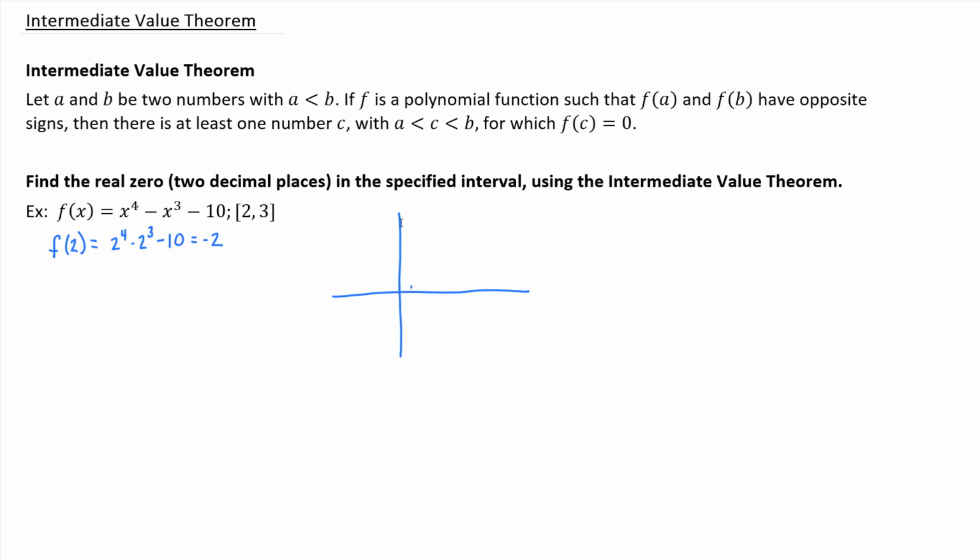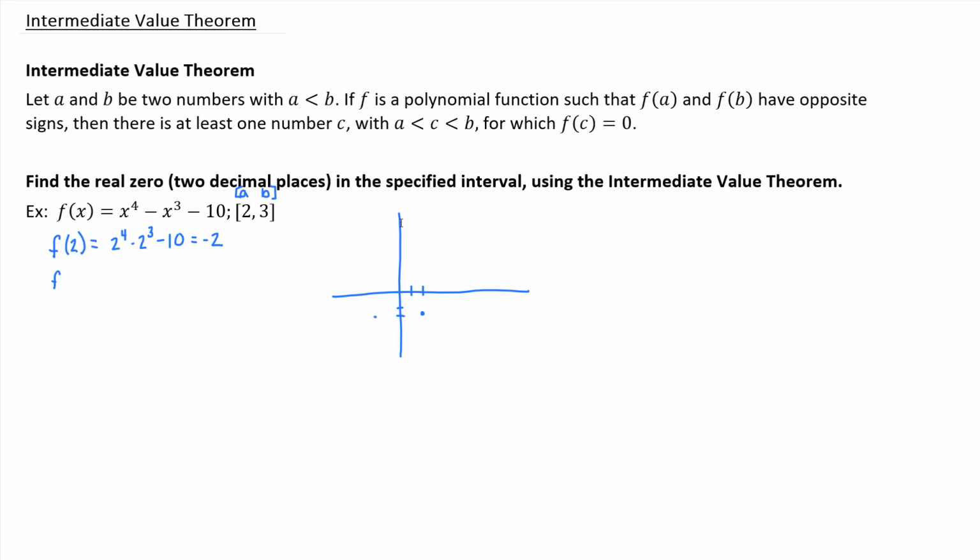That's the point (2, -2). You can think of this 2 as your a and this 3 as your b. Notice your f of a is taking on a negative value. Just keep that in mind.